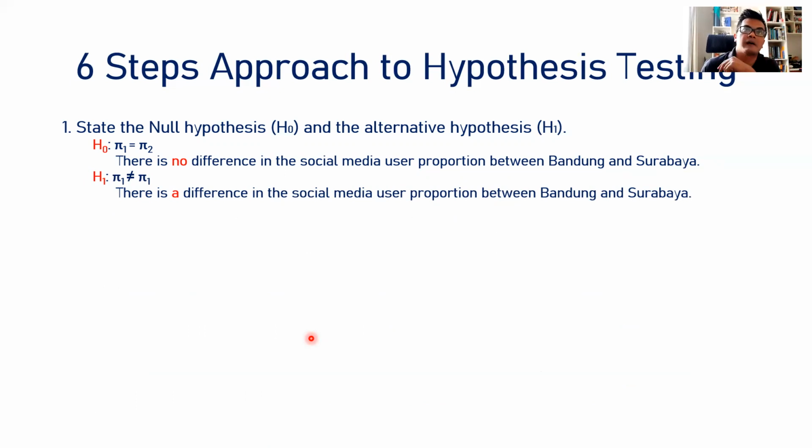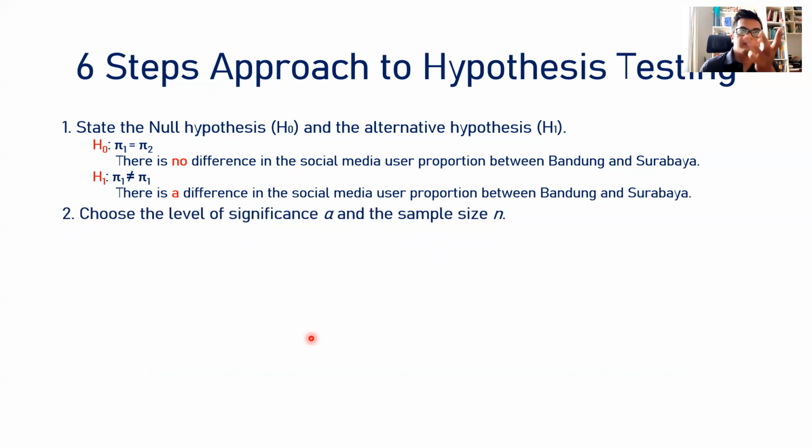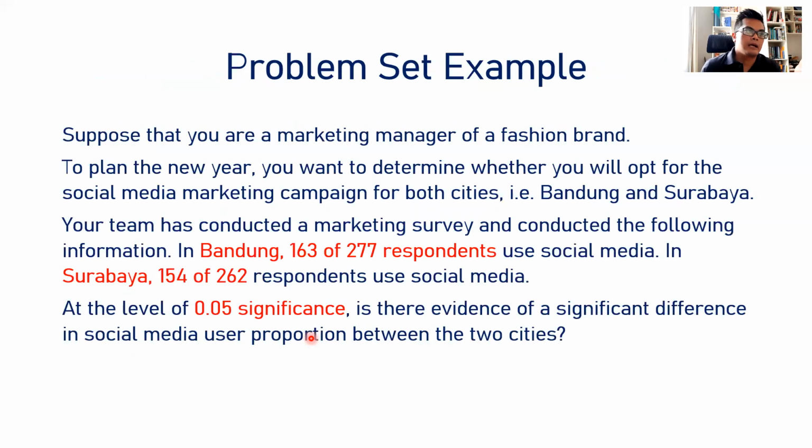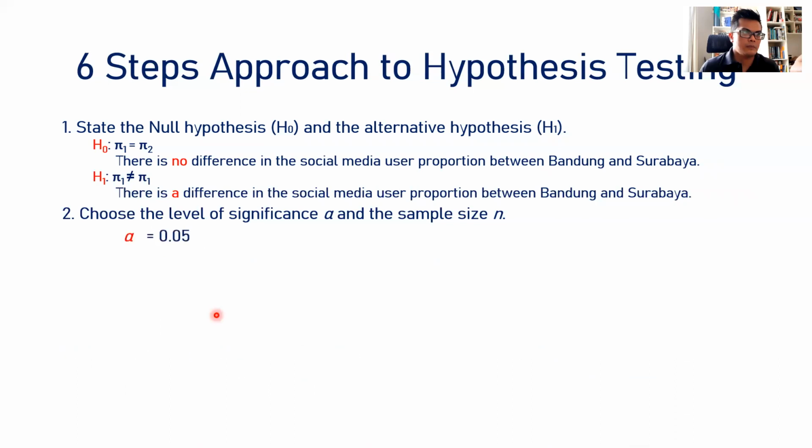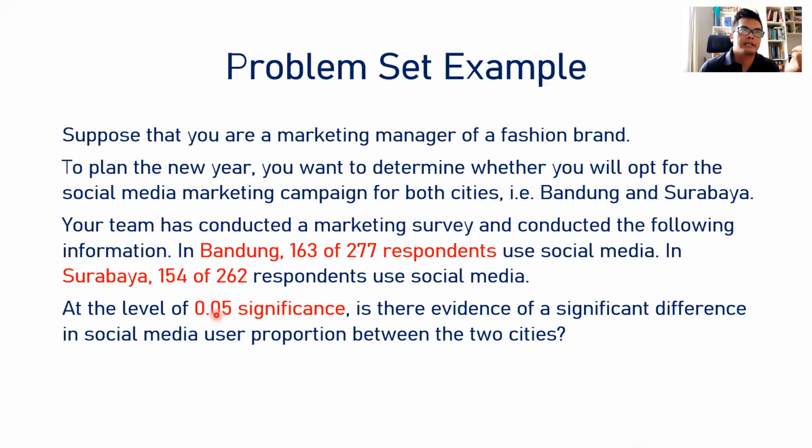The second one is selecting the significance level, and also some variables concerning the sample size. Choose the level of significance and sample size. In the problem set we can see 0.05, that is the alpha, or the level of significance, and the sample size.